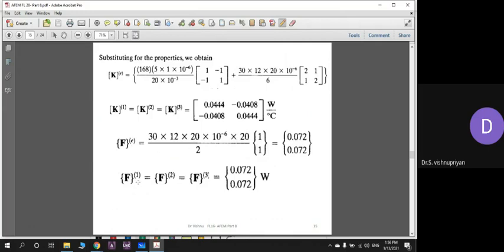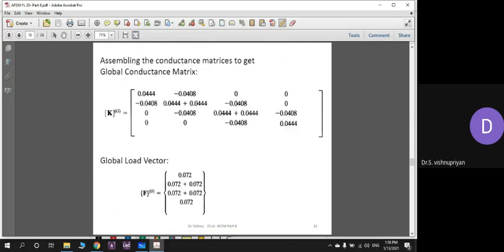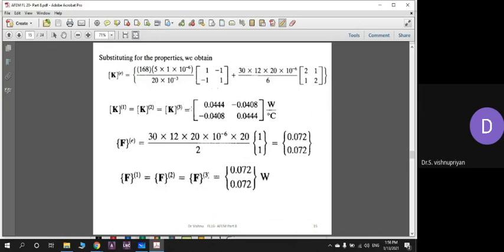Now we have written individual conductance matrices and individual force matrices, that is, the element stiffness matrix and element load vector. We now have to add them or assemble them to get the global matrix. We know how to do that. So this is 1, 2, 3, 4. Now 0.0444 is from here for the first element.